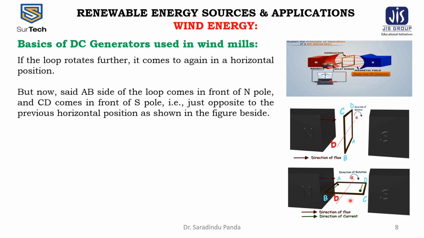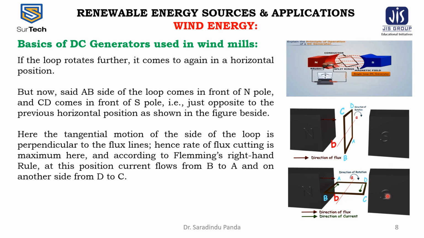But now the AB side of the loop comes in front of the North Pole and the CD side comes in front of the South Pole, just opposite to the previous horizontal position.